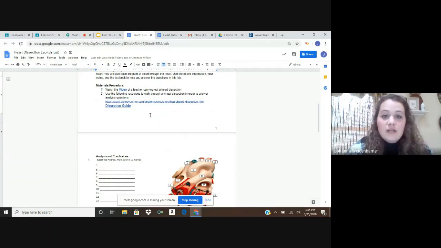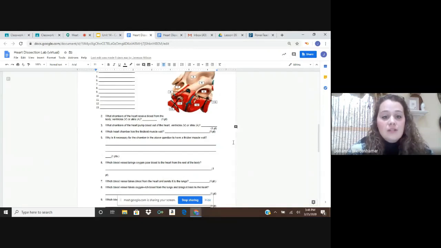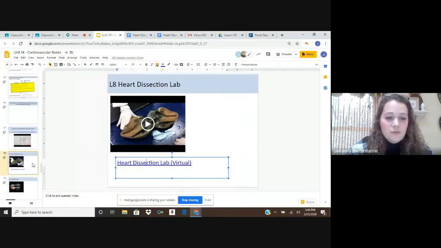After you take a look at the pre-lab, the video, and the dissection guide, you're going to answer these analysis questions based off of the diagram here and the questions below, all based on the structures of the heart that we talked about earlier and from the videos and the dissection guide that's attached in the lab. And that is what we're going to be doing for today.